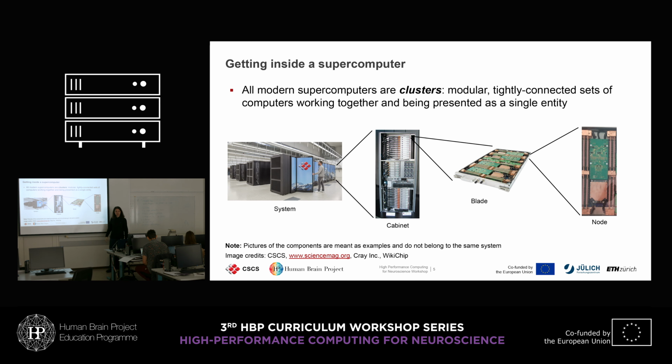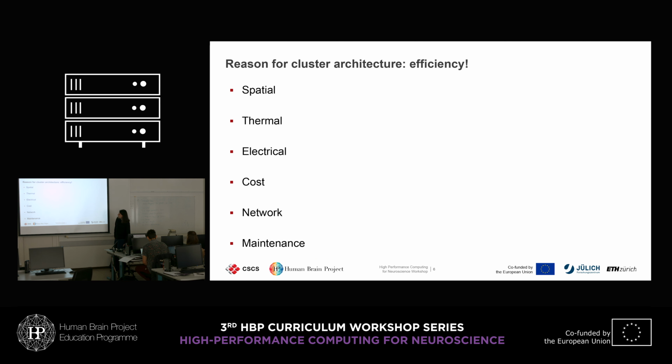When something breaks, you can take out a blade, or an entire cabinet, without affecting the functioning of the rest of the machine, because you want to let them run as much as possible. So it's also important to maintain it in an effective way.